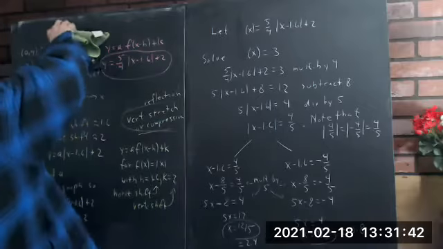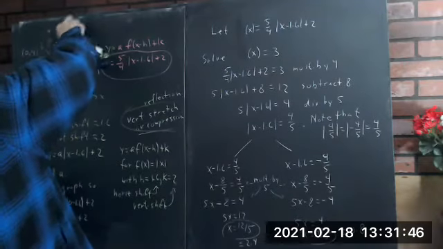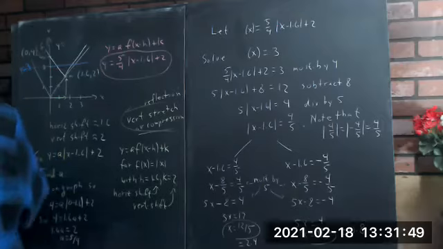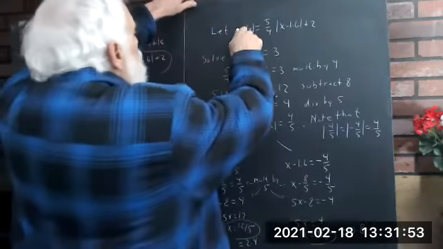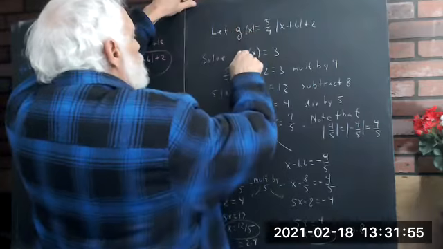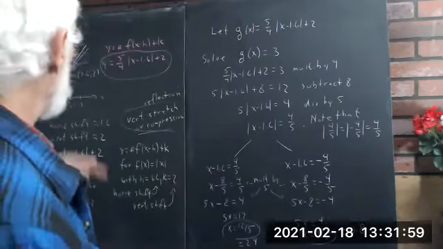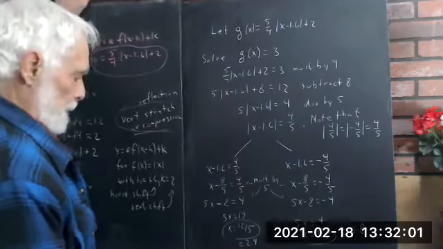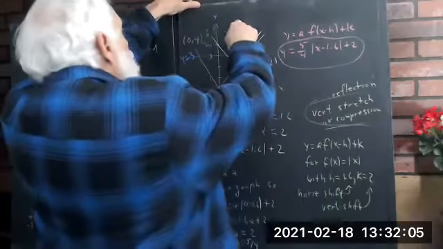And then I just used it here. I'm going to change the name of this thing to g of x, since I already used the letter f for the absolute value function over here. I didn't anticipate this, should have.